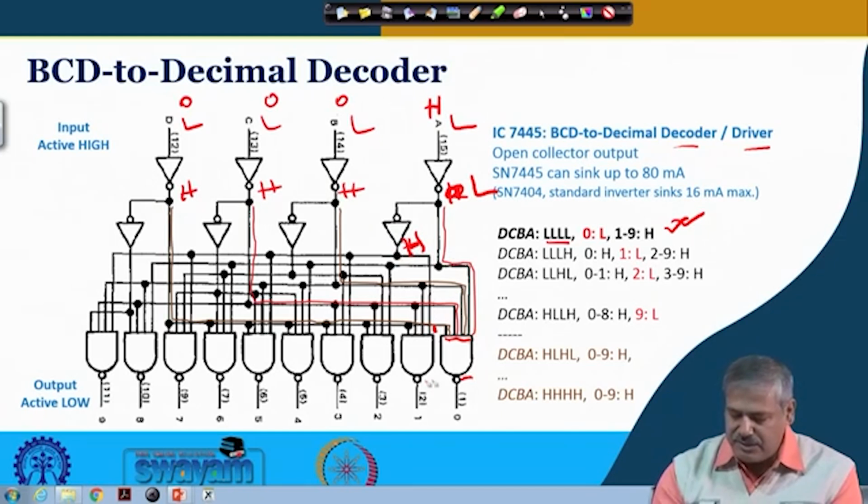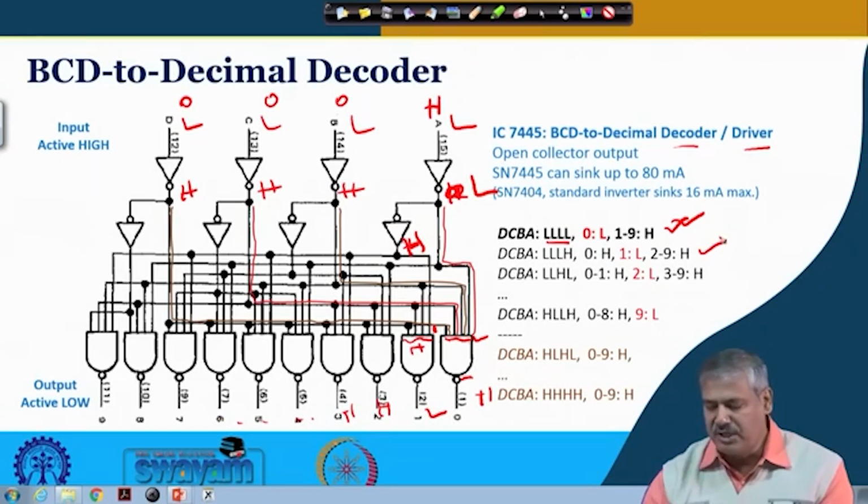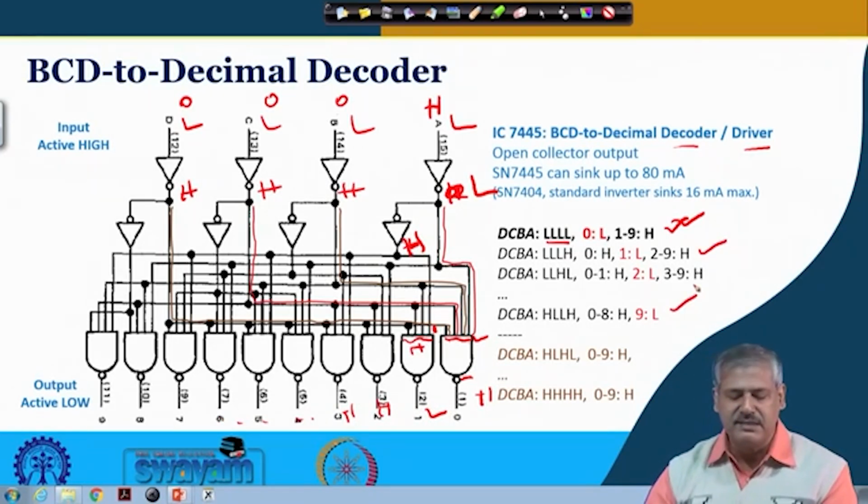So all these four inputs become high, and here one of them becomes low. So this output is low and all the rest of them are high. This is what is shown here, and similarly it goes for every other case.